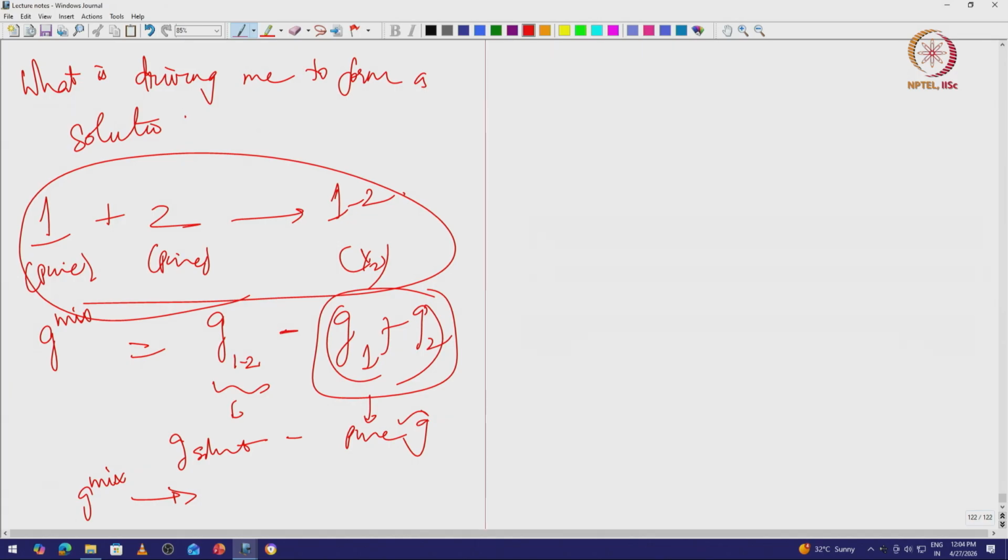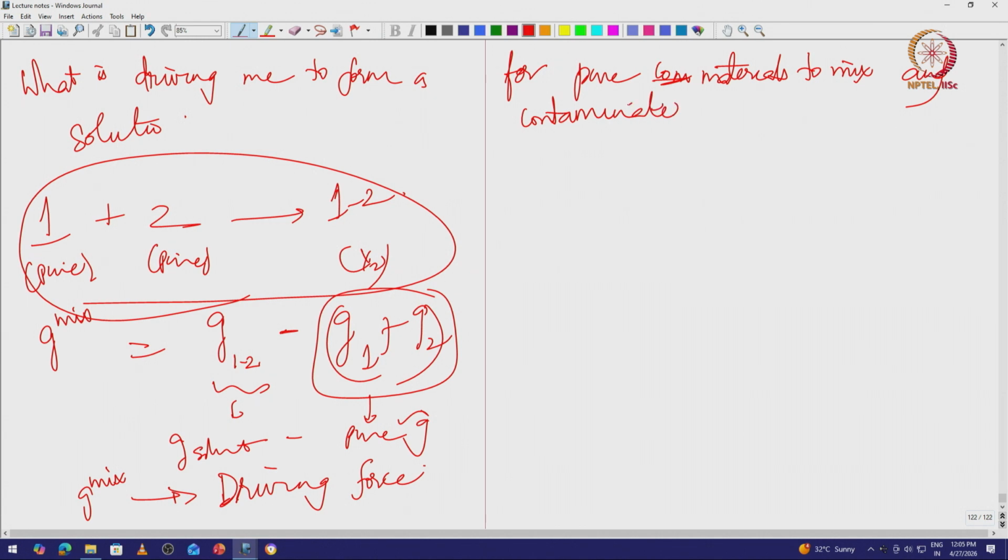So, G mix tells me the driving force, the delta G for this reaction. If the delta G is negative, then that forms a driving force for pure compounds, pure materials, to mix and contaminate.